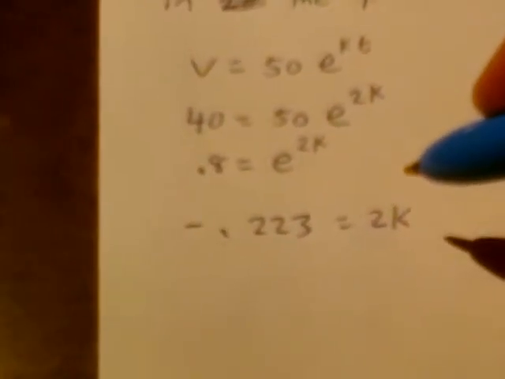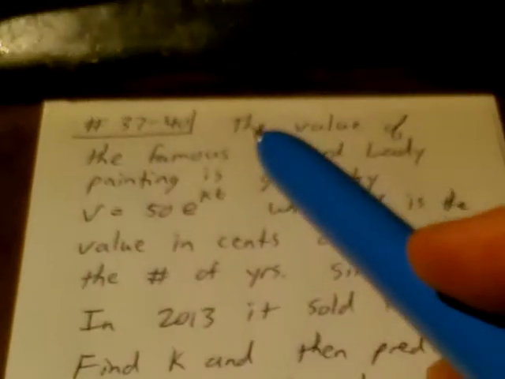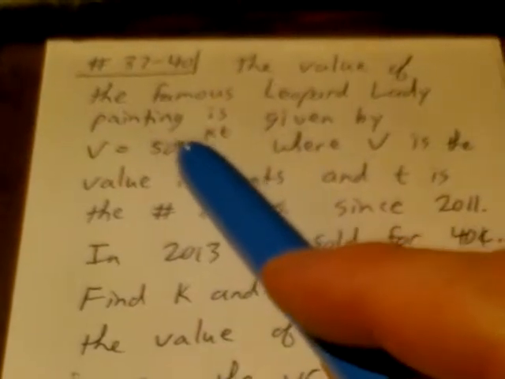Divide both sides by 2, and we have k equals negative 0.112.